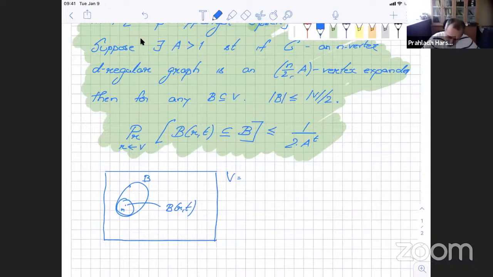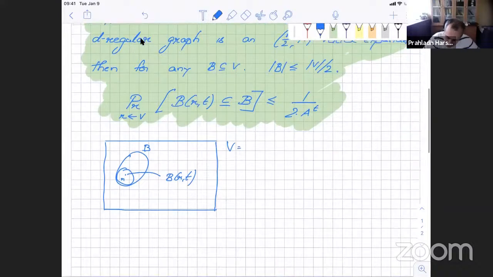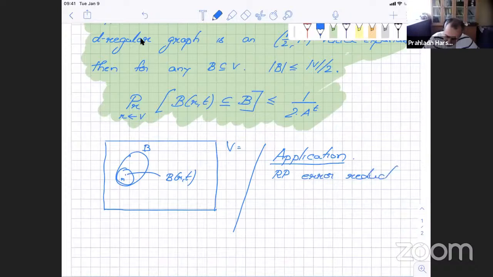And what was the major application of this? The major application of this was towards RP error reduction. So to reduce the error of an RP algorithm, in particular, if you want to reduce the error from half to delta, we would want to set (1 by 2) to the power a to the power t to be less than or equal to delta.